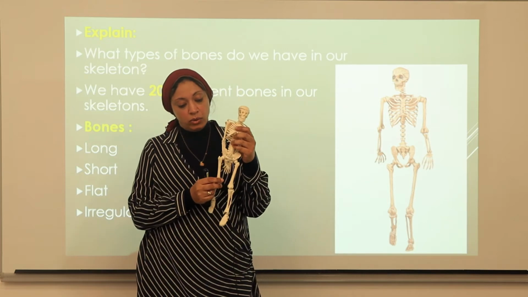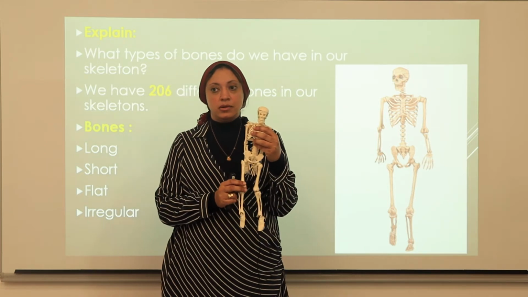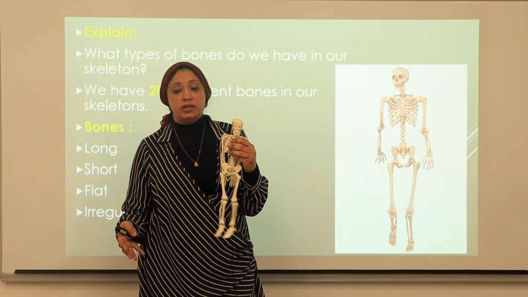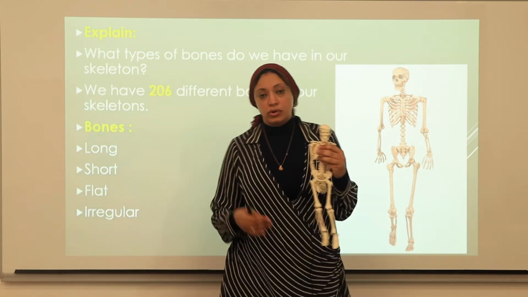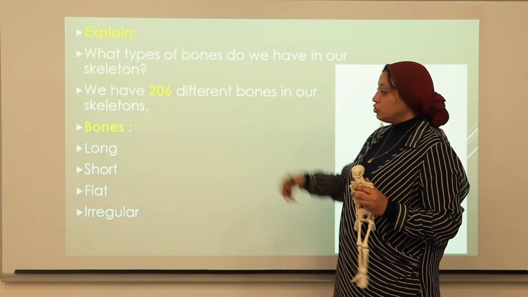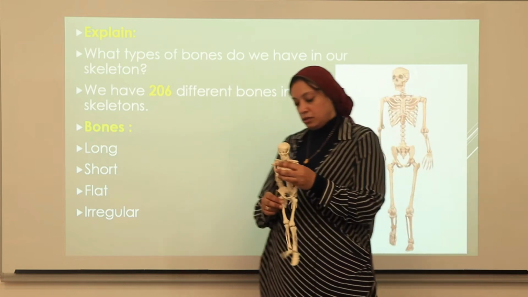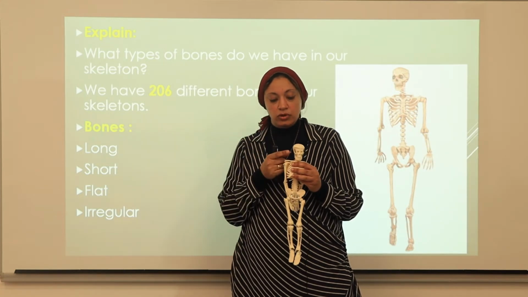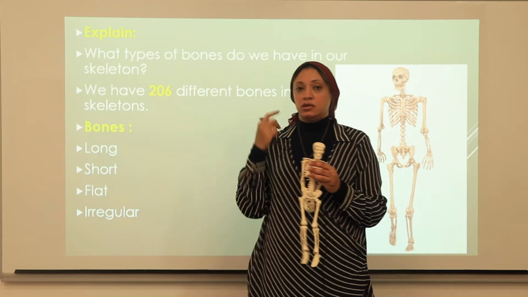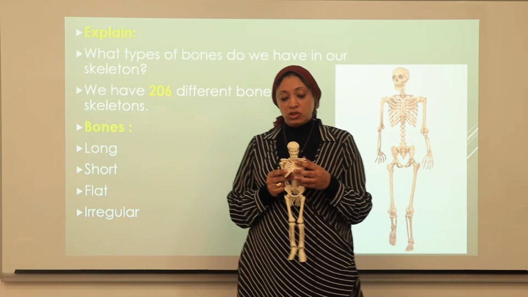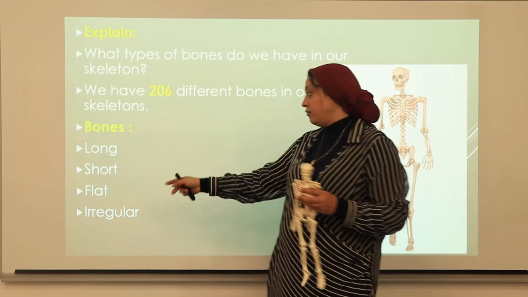Why is it long? Because it supports your body weight and helps you do different activities like running, walking, and standing up. The short bones are like the ones you find in your finger and your ear bones. The ear bones, as I explained before, are the smallest bones in your skeleton.